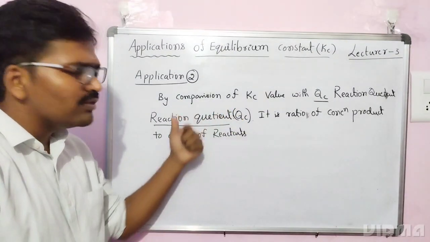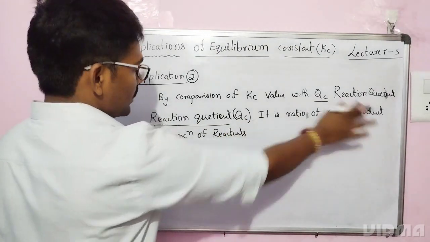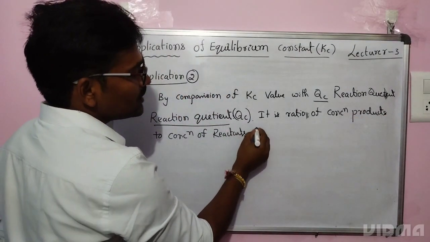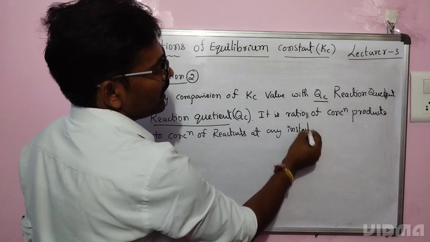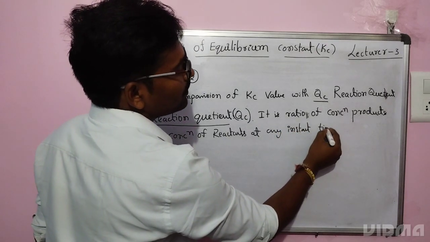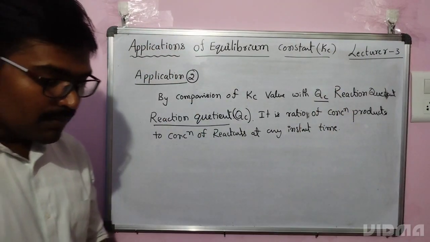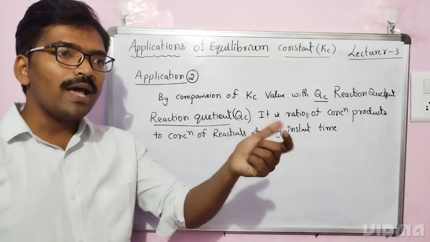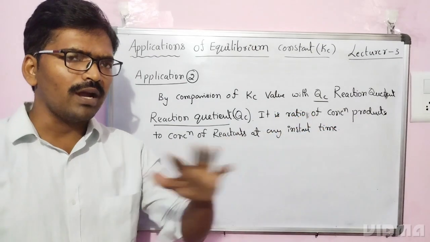But what is the difference between both? Here, it is the ratio of concentration of products to concentration of reactants at any instant of time. That is called the reaction quotient. So by comparison of Qc with Kc, we can say whether the reaction proceeds forward or backward.